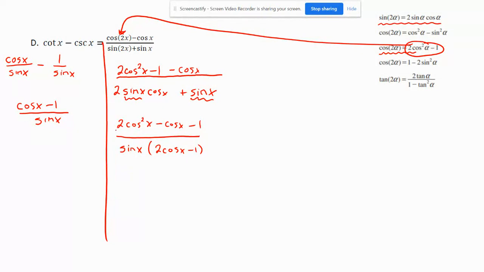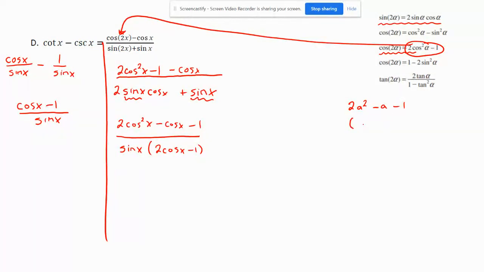Now in the numerator here, we have a quadratic trig expression. So this is 2 cos squared x minus cos x minus 1. Just off to the side here, if I have this expression over here, all I've done is replace cos x with a. This is a little bit easier to factor, I think.